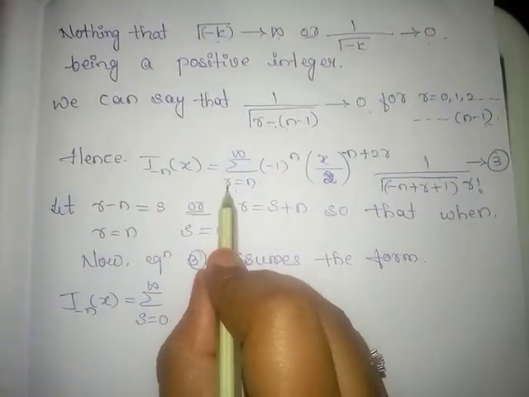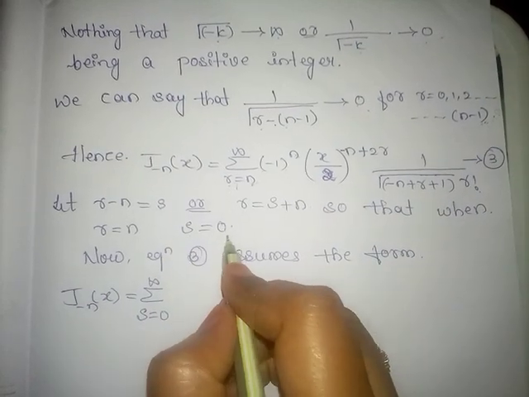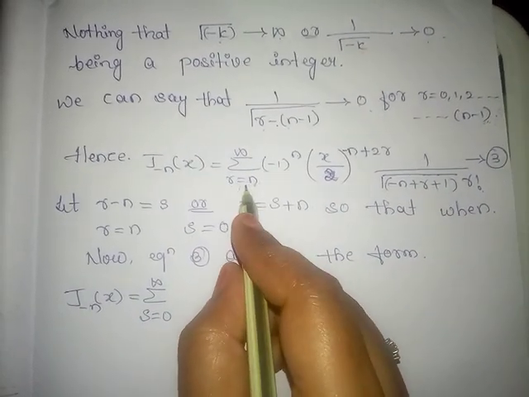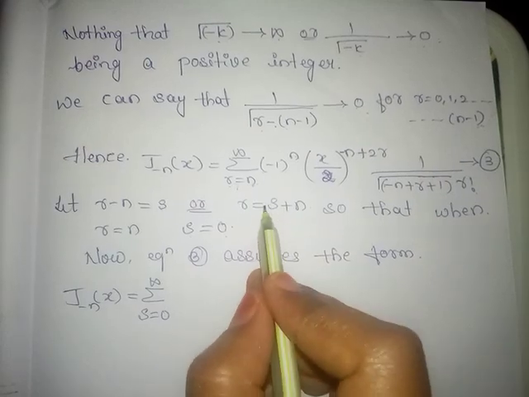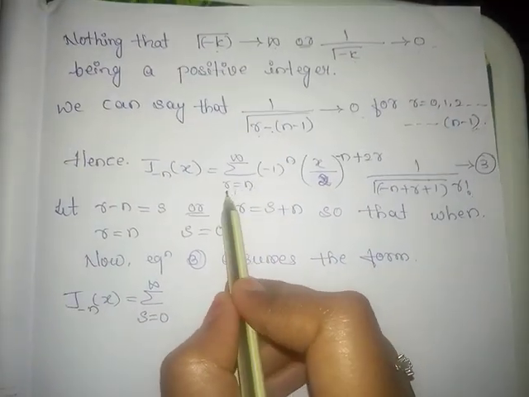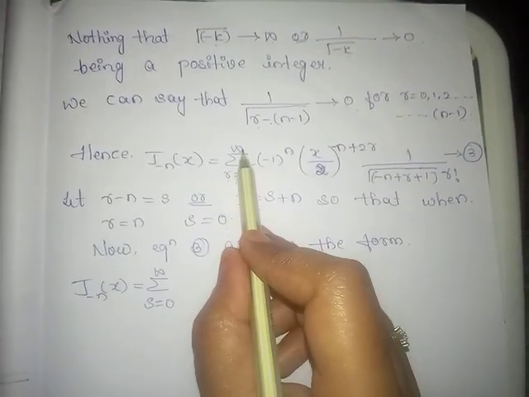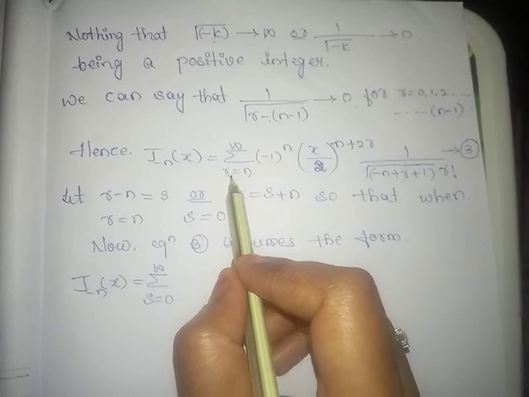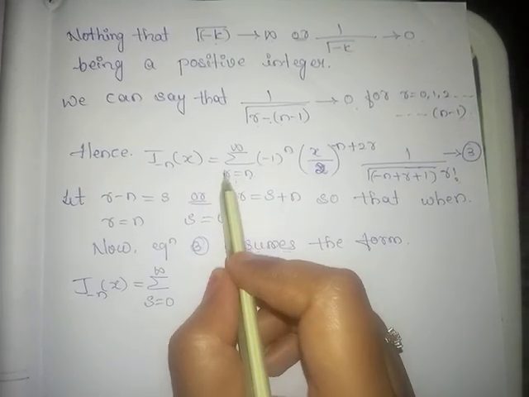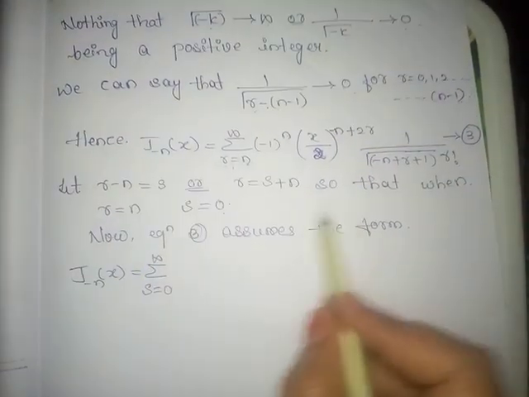Why? Because when r is equal to n, we get s equal to 0. Why are we changing here? Because in jn of x we have summation r running from 0 to infinity, not r running from n to infinity. We have to change this expression so that the term runs from 0 to infinity.